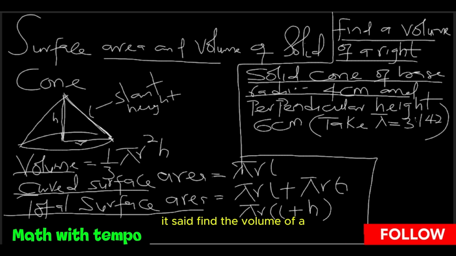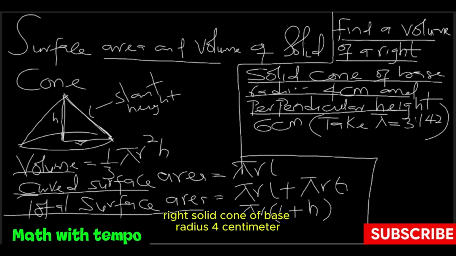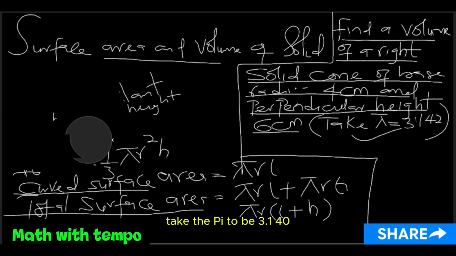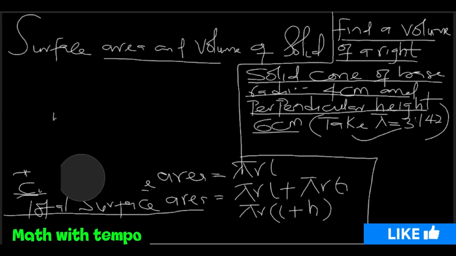It said, find the volume of a right solid cone of base radius 4 centimeter and perpendicular height 6 centimeter. And you have to take pi to be 3.142.